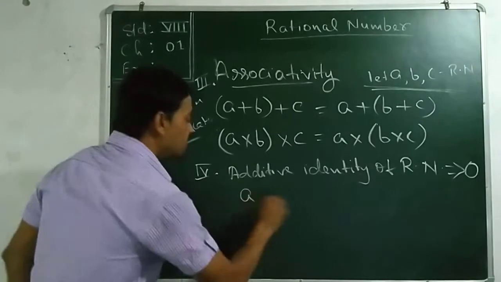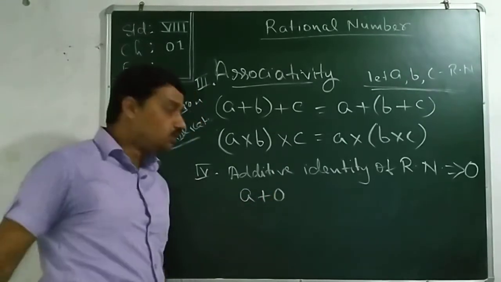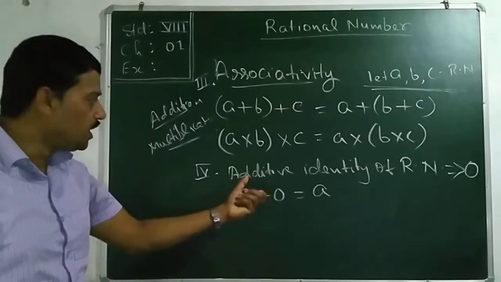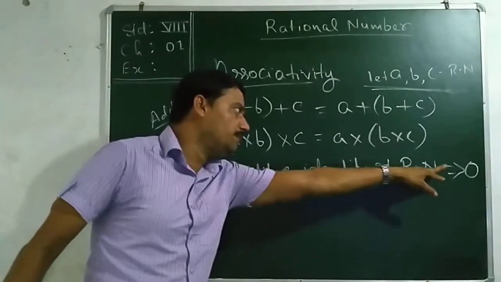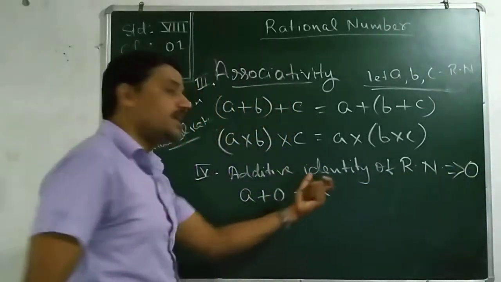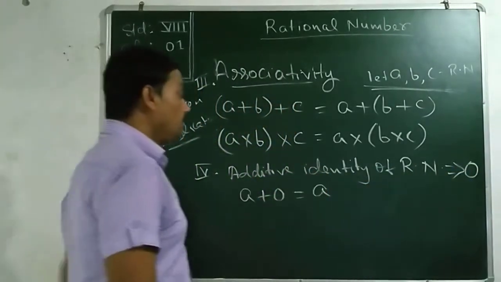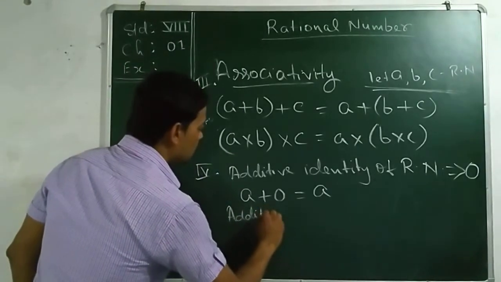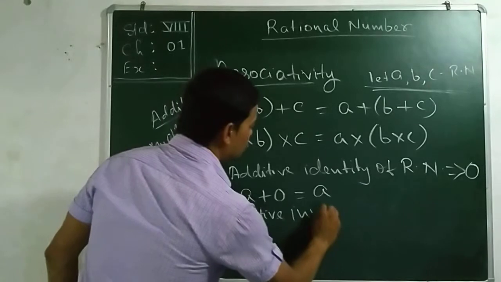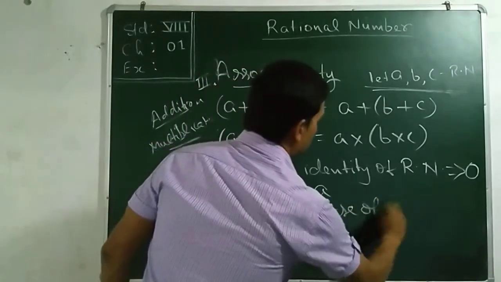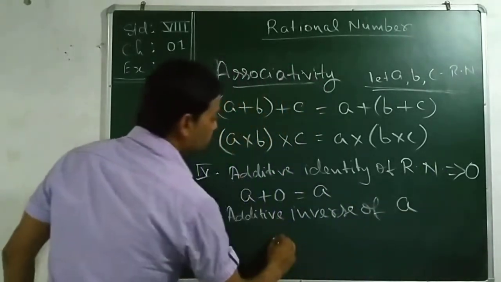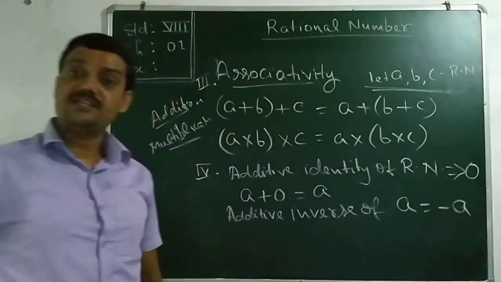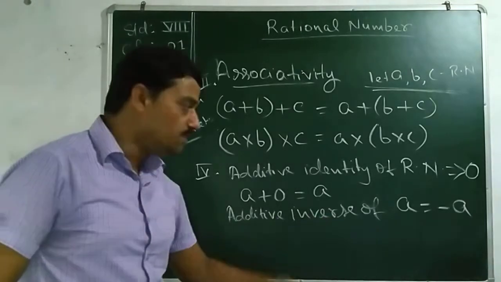If A is a rational number and you add 0 to A, the result is A. A plus 0 equals A. The number 0 is known as the additive identity of rational numbers. The additive inverse of A equals minus A. The negative of a number is known as the additive inverse of the number.